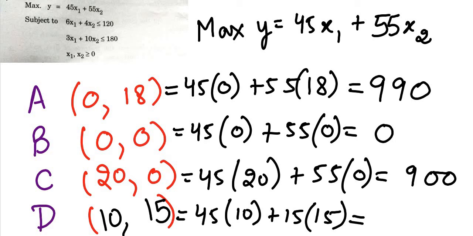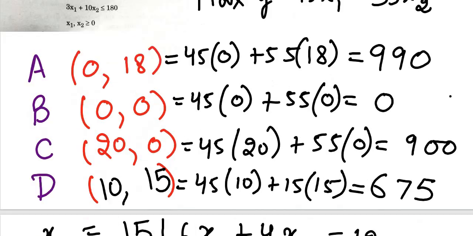Okay, so it will be 675. Sorry, I have written it 15, so this is wrong. We will erase it. Sorry guys, this is 55, and with this our answer gets changed. This will become, I guess, 1275. Yeah, this will become 1275.